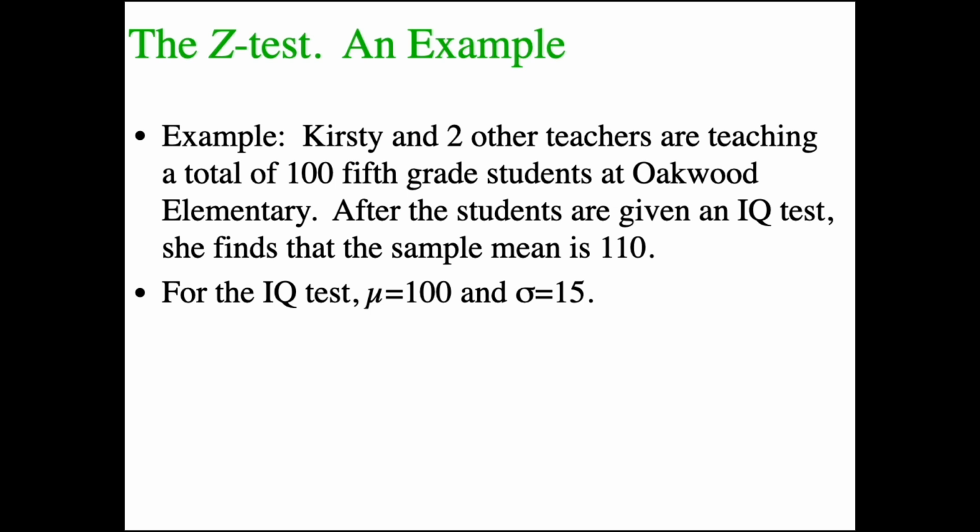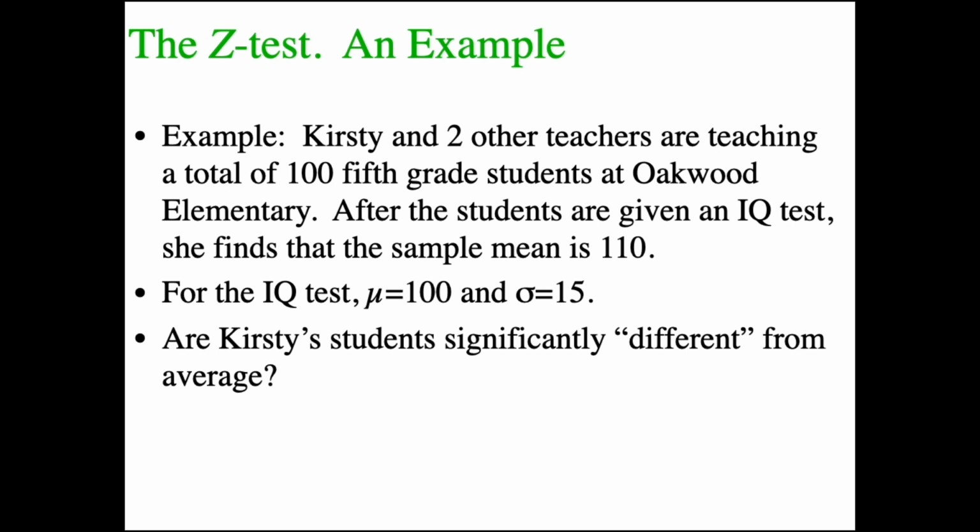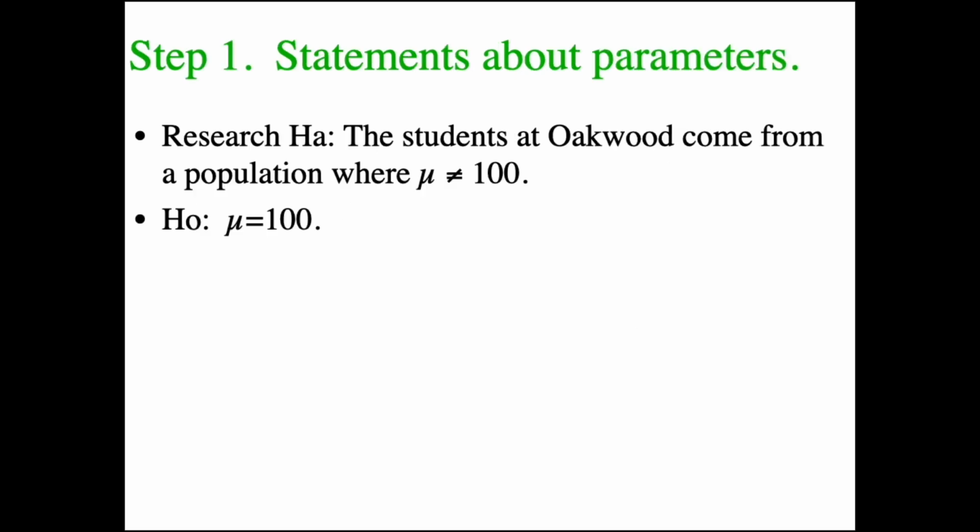So Kirsty and these other two teachers want to know if their students at Oakwood are somehow different from what you would normally expect on an IQ test. So the question is, are Kirsty's students significantly different from what you would expect by average? So let's go through this hypothesis testing and set up our statement about our parameters.